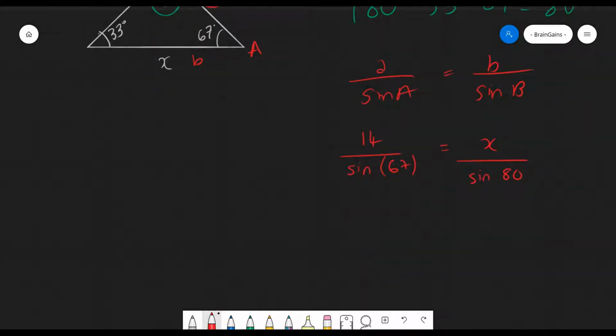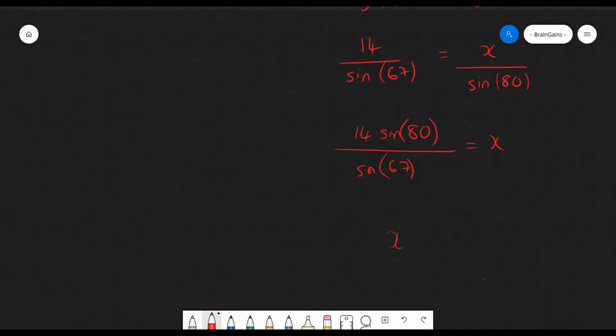Now to get x on its own, we would multiply both sides by sine 80 to get 14 sine 80 over sine 67. So here x is 15. So that is how we use the sine rule to find missing side lengths or missing angles of any triangle.